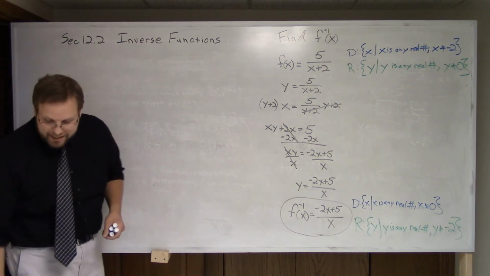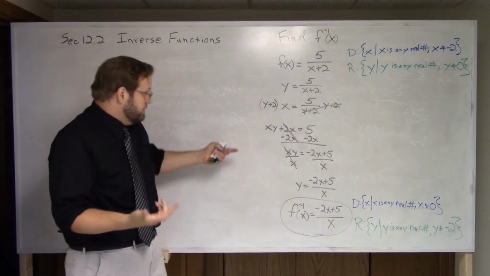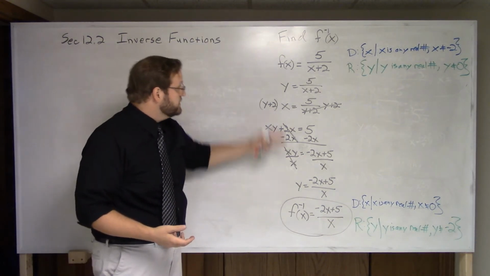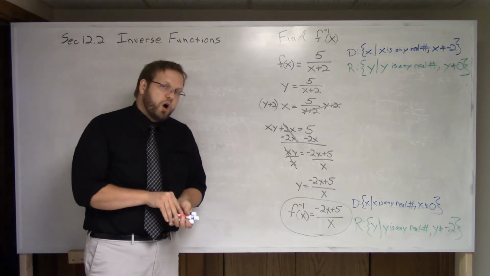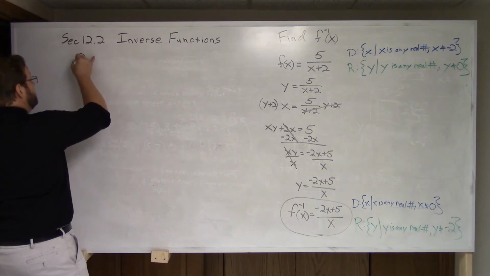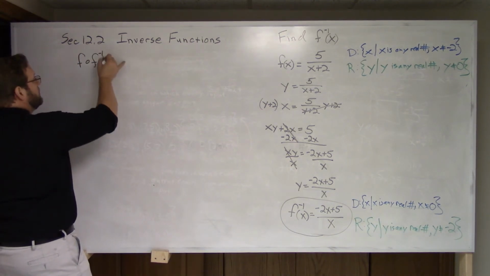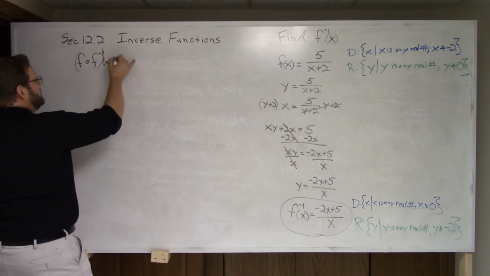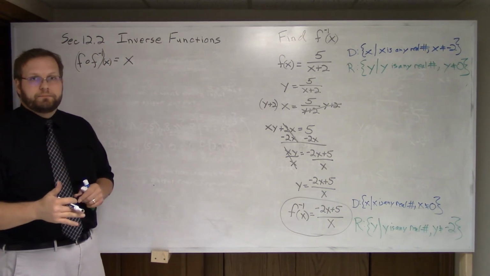Let's say they ever ask you to verify that two functions are inverses, or they say, here's two functions, verify they're inverses. Okay? What should always be true is that a function composed with its inverse should always equal just a plain old x.